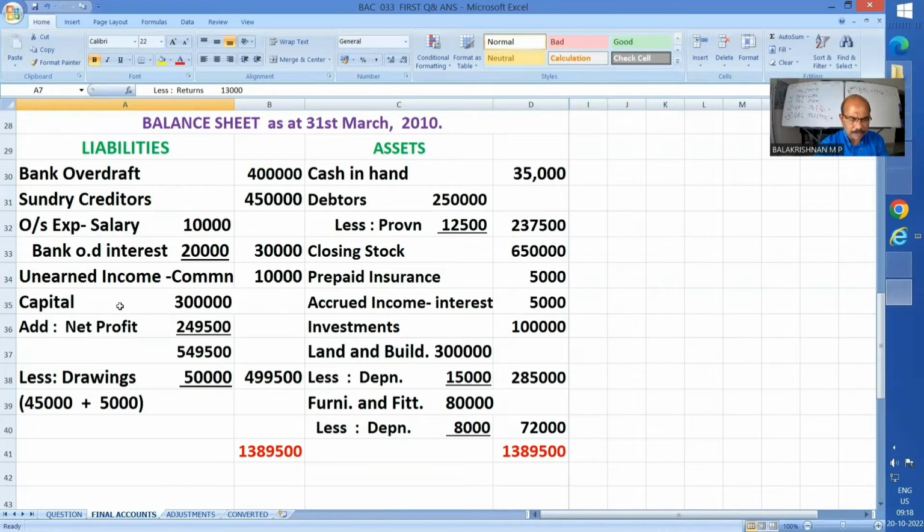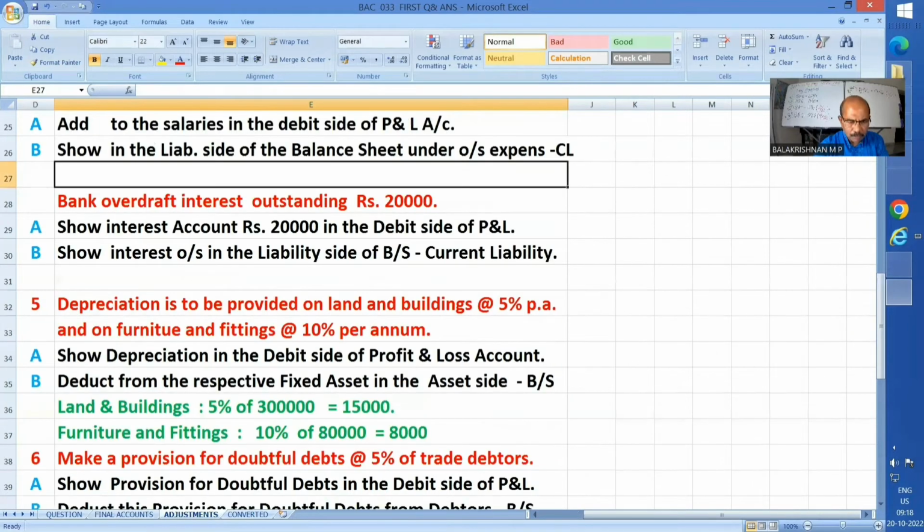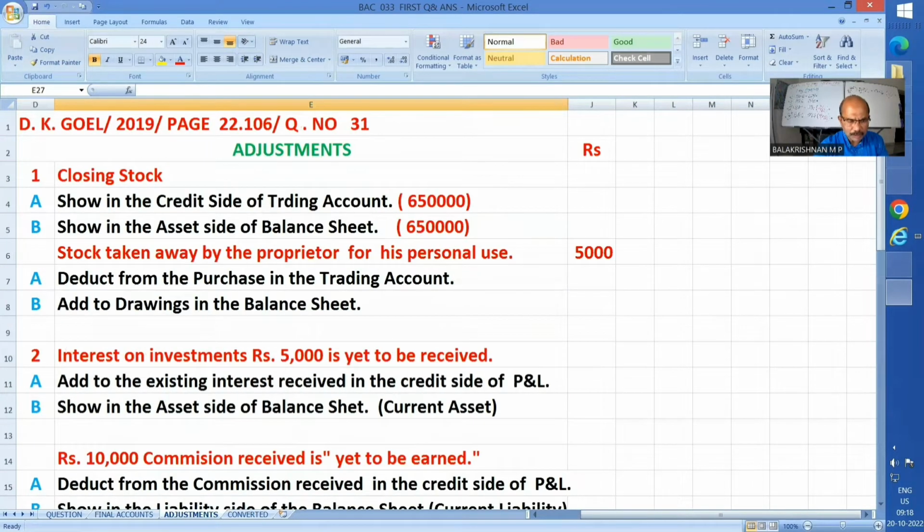It is coming here. Capital, original capital, add net profit, less drawings, 50,000. Why 45,000 already given? But we know there is a 5,000 here. Deduct from purchase and trading account, 5,000, and add to the drawing.